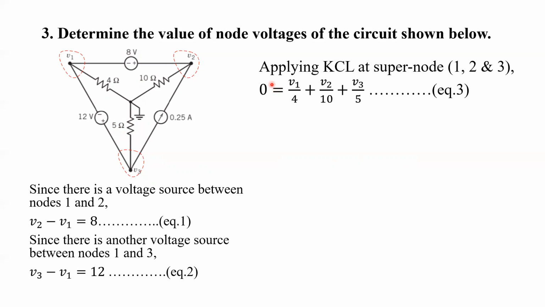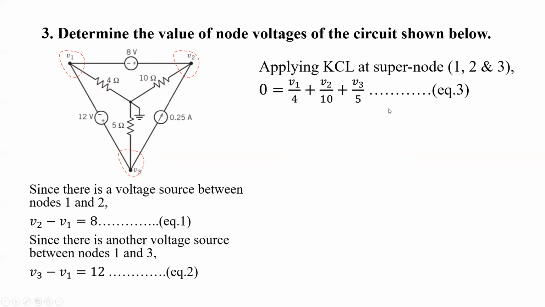So the incoming current is 0. And for the outgoing current, for this 4 ohm resistor, V1 minus 0 divided by 4, for this one V2 minus 0 divided by 10, and V3 minus 0 divided by 5. In this way we got equation 3.